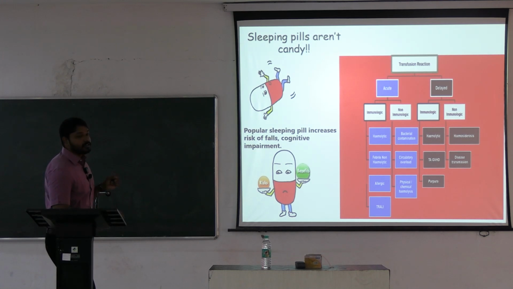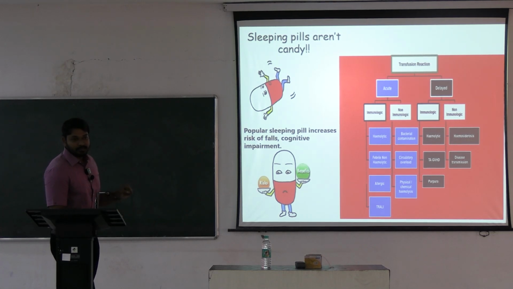So coming to the transfusion reaction, it can be acute or delayed. We will see about the acute transfusion reactions only. It can be immunological and non-immunological. Immunological reactions will be hemolytic transfusion reaction, non-hemolytic transfusion reaction, allergic, and TRALI. What is TRALI?